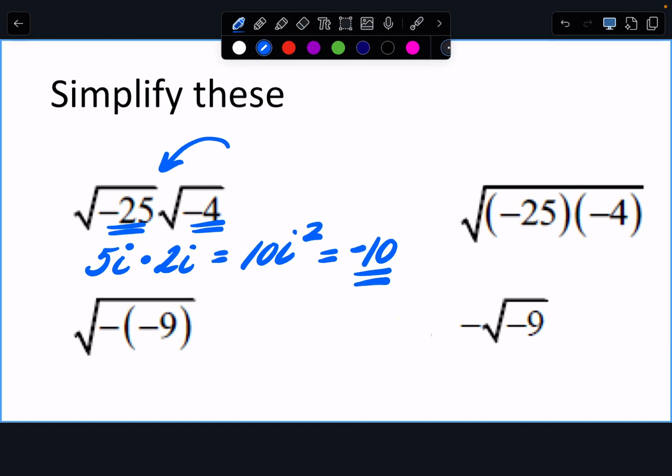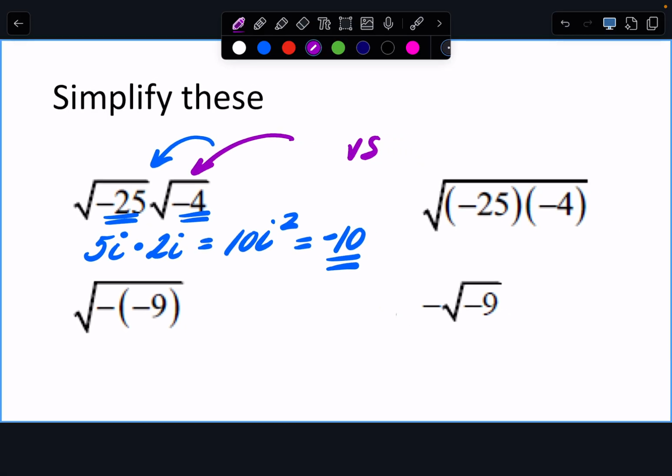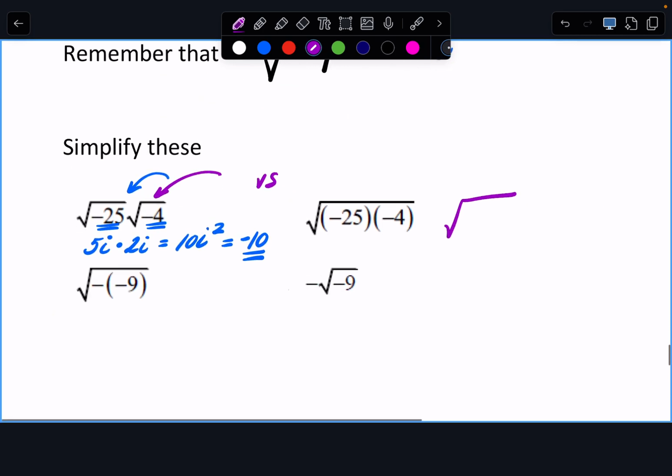So the difference in this versus this. Let's do this one. Wouldn't you agree both are under the square root right now? So it's almost like a parentheses. We're going to multiply those together first. So wouldn't that be just the square root of 100, which is 10? Okay, good. So now look at the difference.